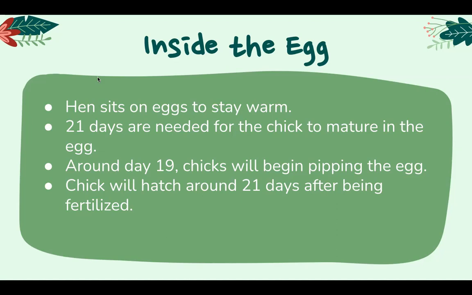And 21 days are needed for that little baby chick to mature from the embryo into that wonderful chick that's ready to hatch out. Somewhere around day 19 is when we might see some of that rocking and peeping on the eggs, and that's when we'll start seeing a lot of that shaking that goes on.